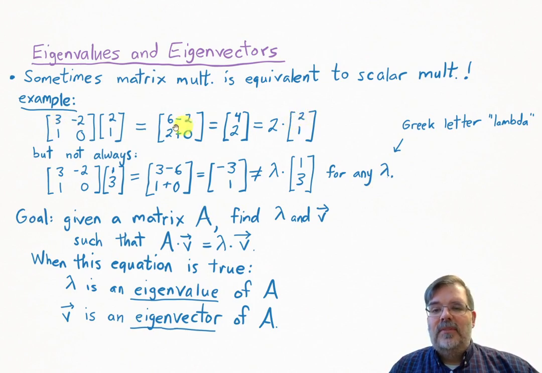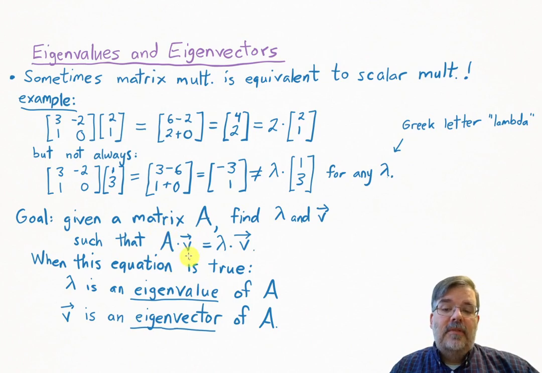So our goal is to investigate this question. Sometimes matrix multiplication looks like scalar multiplication. Well, in which cases does it work out like that? In other words, given a matrix, capital A, find constants lambda and vectors v such that this equation is true.